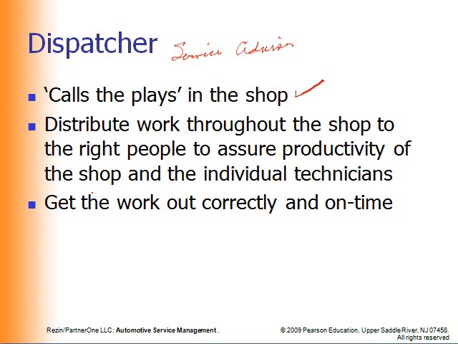The dispatcher also needs to be able to think on his feet, as it says in your text on page 23. What if a technician gets sick, or a job takes three times as long as you originally thought? The dispatcher has to take all this into account.